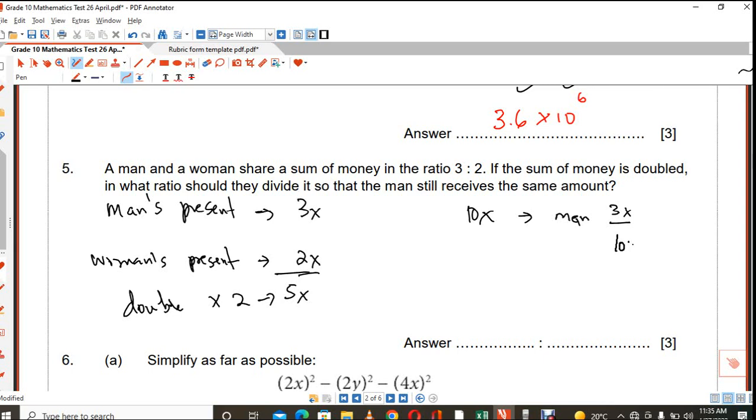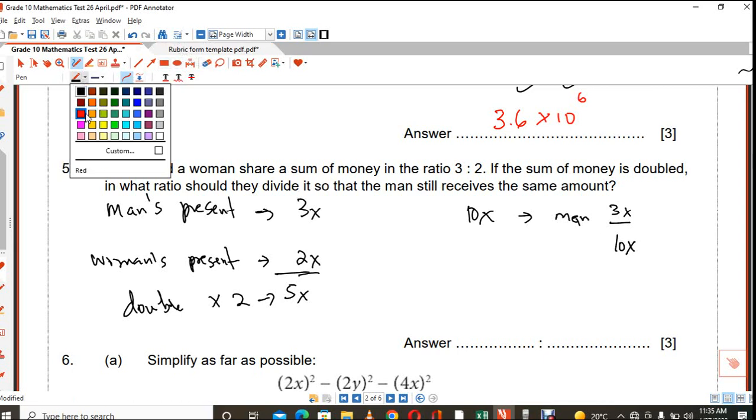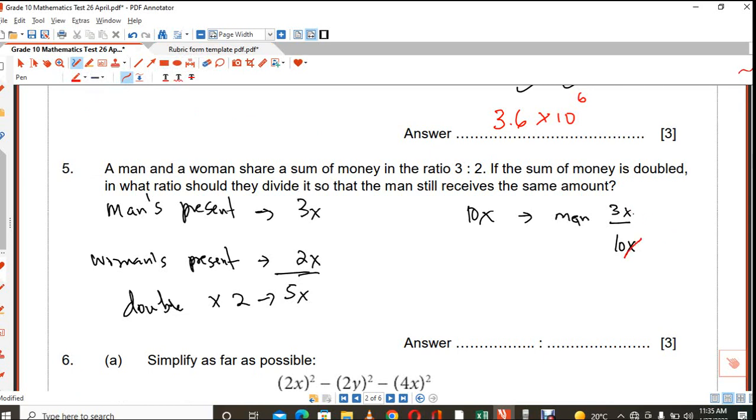Out of 10x. If you simplify, the x's will cancel. The woman still gets the rest. If the man gets 3 out of 10, what is left? 7x over 10x.